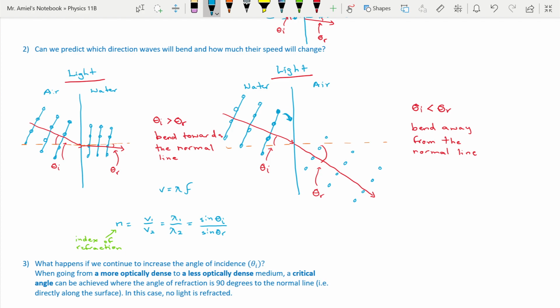Because the speed and wavelength of light are difficult to measure, we use this equation: the index of refraction for an object is equal to the speed of light in a vacuum over the velocity, or the speed of light, in the medium.